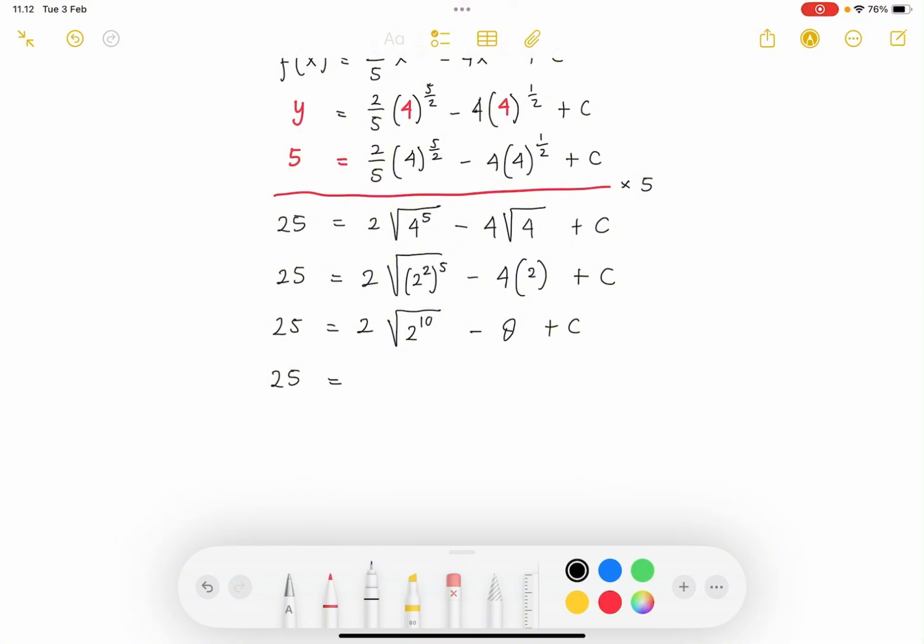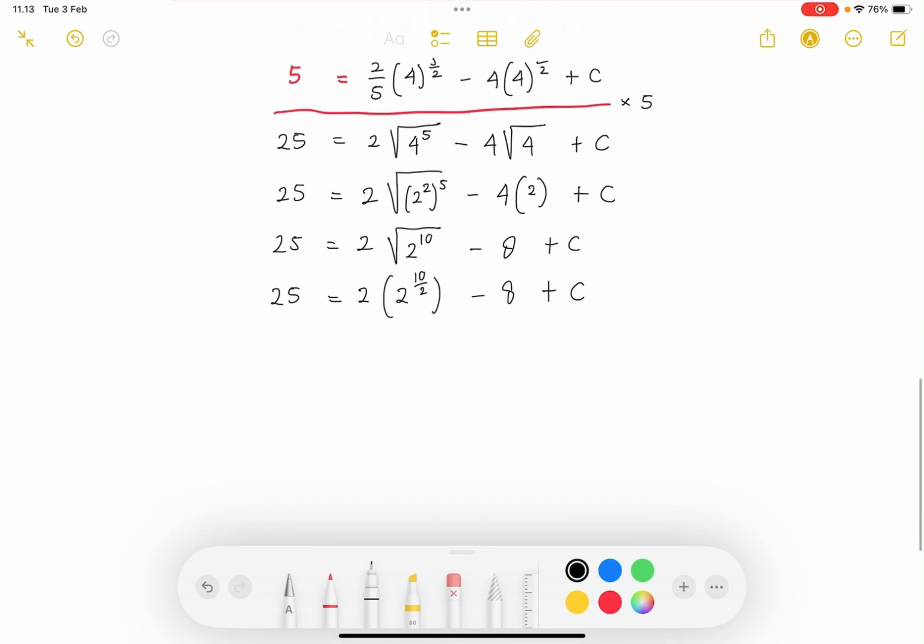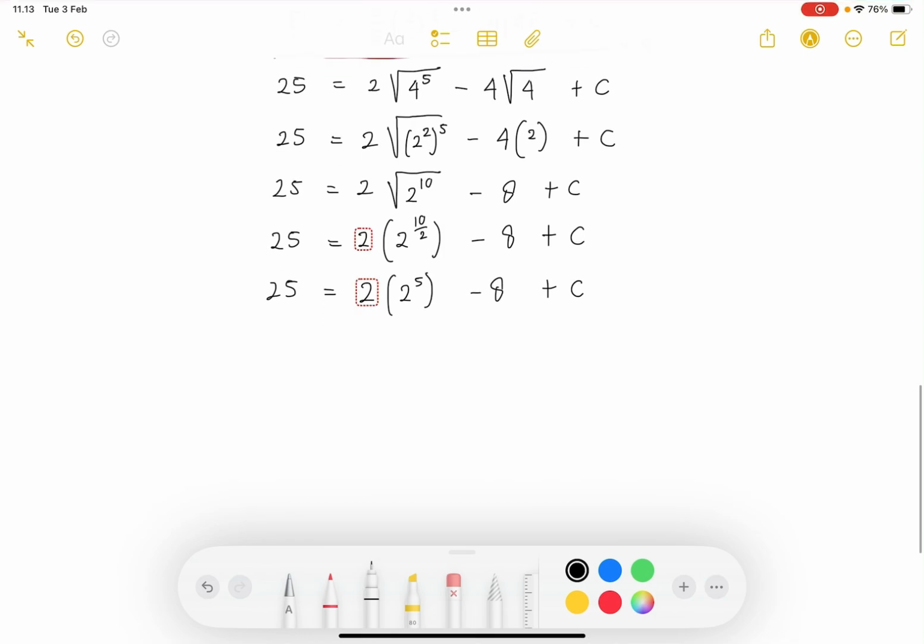25 equals 2. We can write this one as 2 to the power of 10 over 2, right? We change it back again to the exponential form. 25 equals 2 times 2 to the power of 10 over 2, which is correct, 5, minus 8 plus c. So 25 equals 2 times 2 to the power of 5.